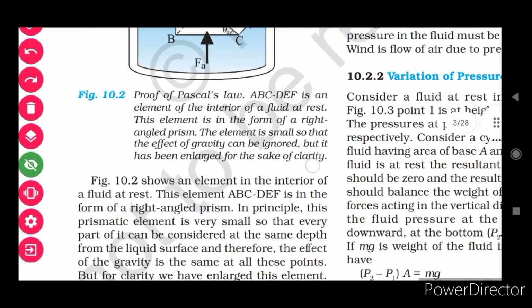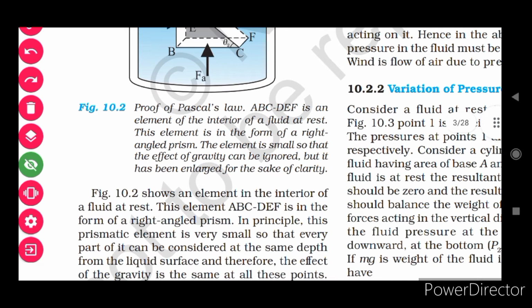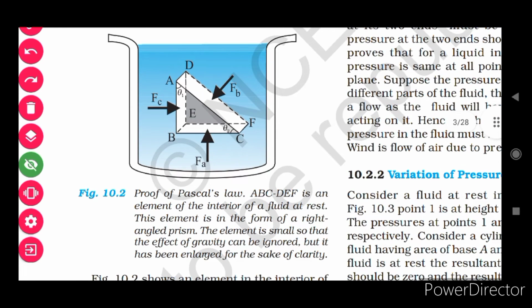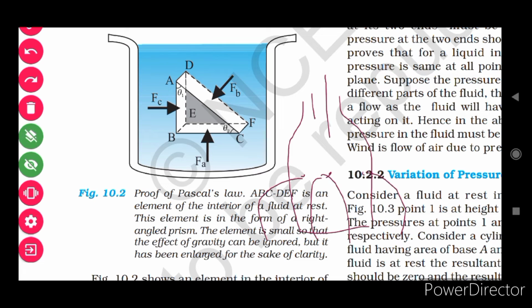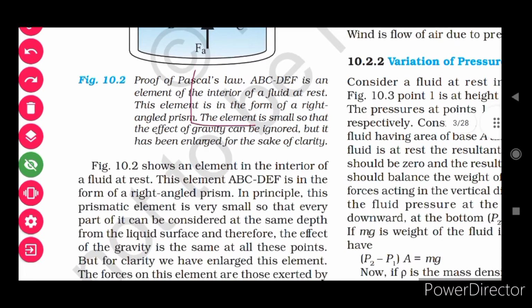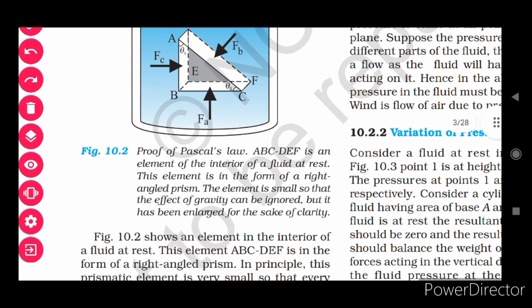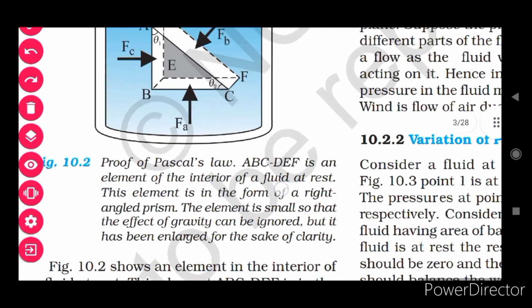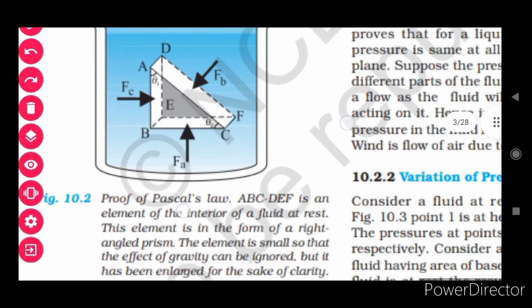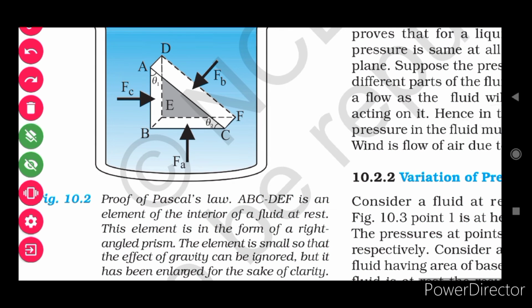Just remember this element, A, B, C and D, E, F. This element is in the form of a right angled prism, as is clear from the figure.